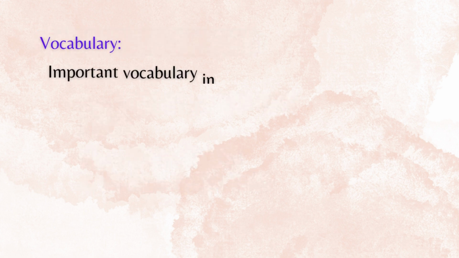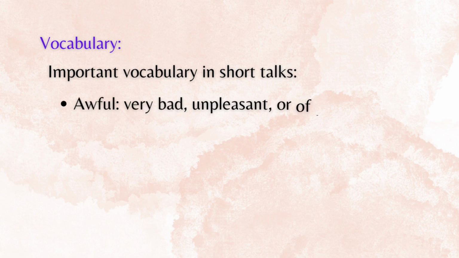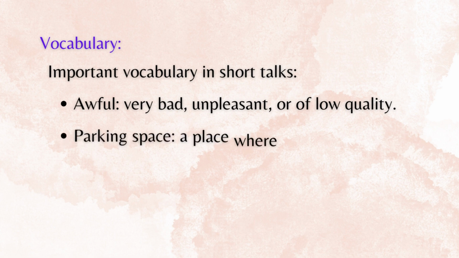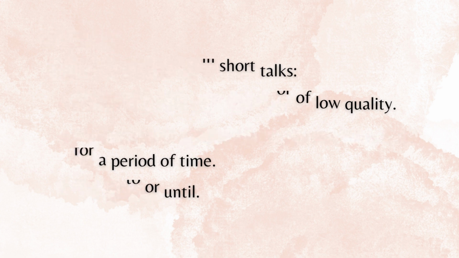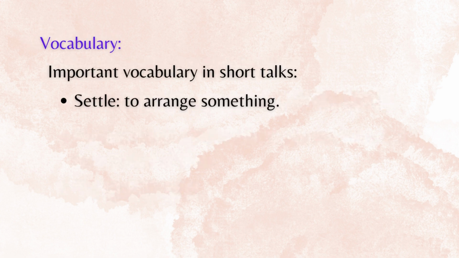Vocabulary. Important vocabulary in short talks. Awful, very bad, unpleasant, or of low quality. Parking space, a place where you can leave a car for a period of time. Till, up to or until. Settle, to arrange something.